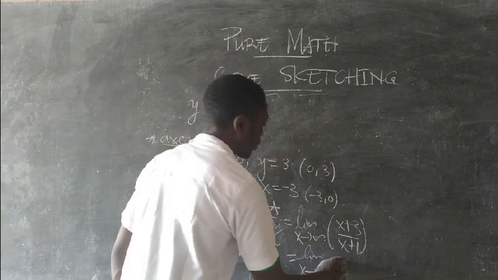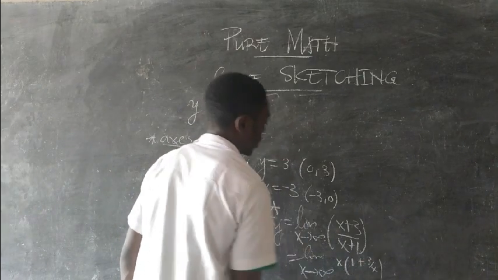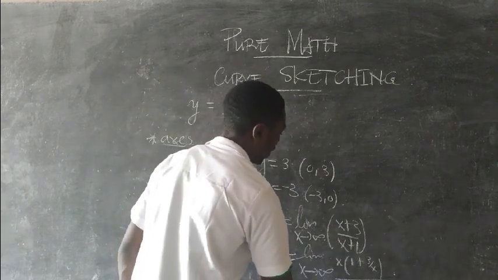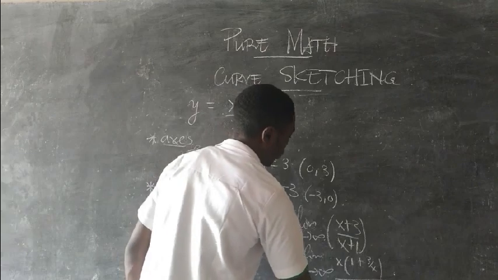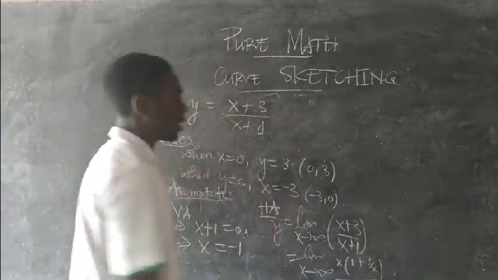If I factor out x, I'm going to have x into 1 plus 3 over x, and if I factor out x below, I'll have x into 1 plus 1 over x. You do it that way, so this x over here takes care of this x below.